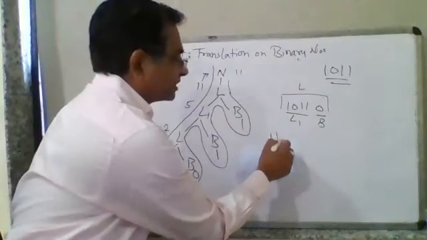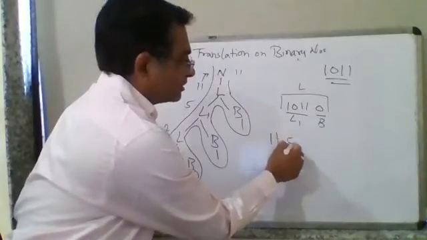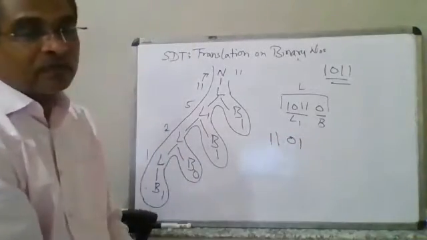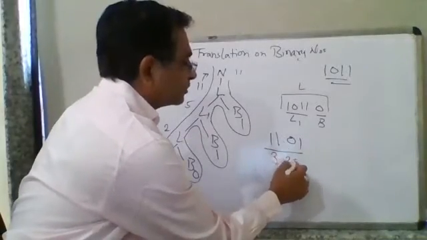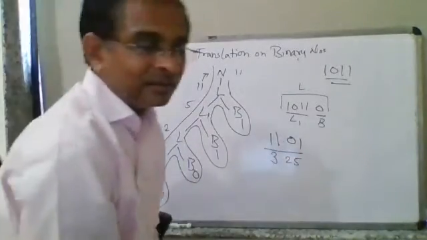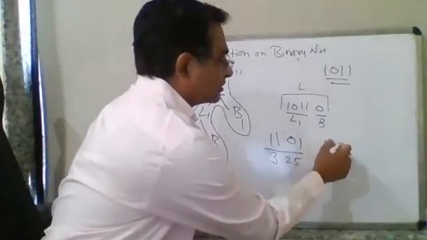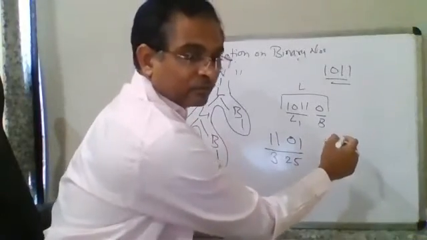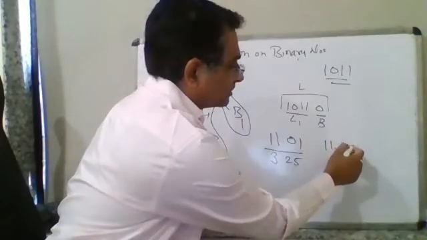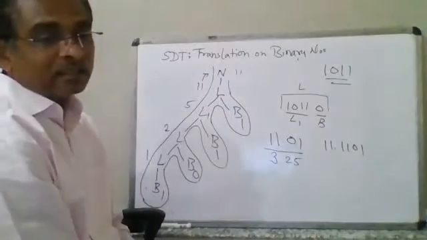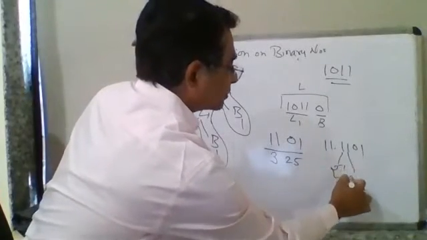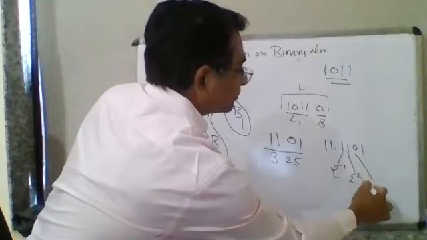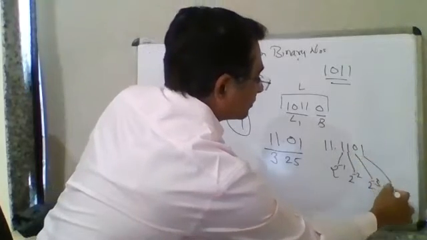Let's say if this is 11.01, then the appropriate value for this is nothing but 3.25, that we know, right? And if I say this is 11 dot, let's say, 1101, then what is going to happen here is this is nothing but 2 to the power minus 1, this is 2 to the power minus 2, then 2 to the power minus 3, and then 2 to the power minus 4.